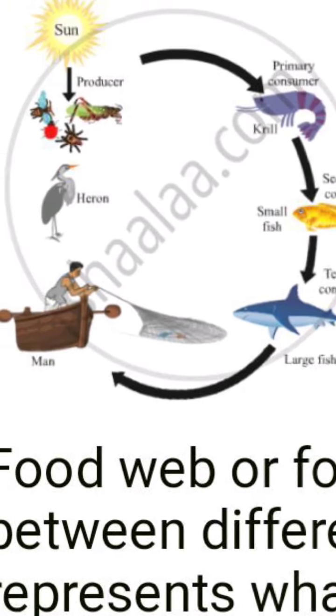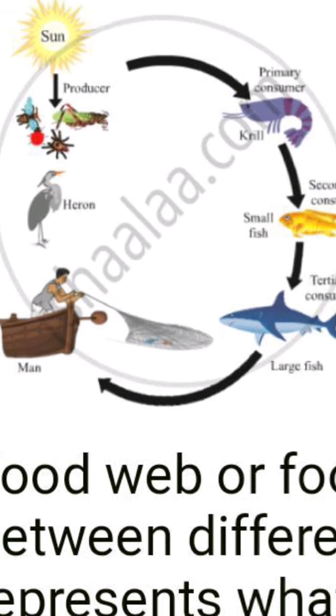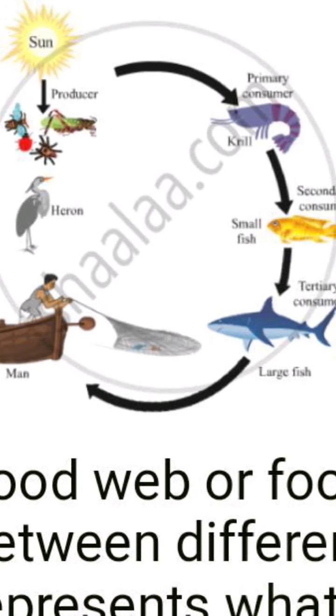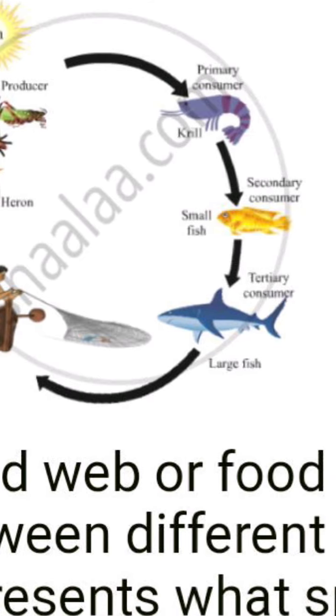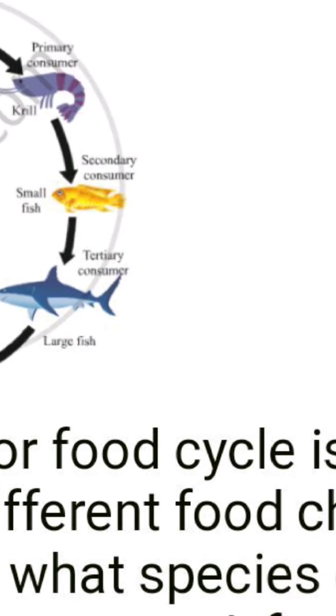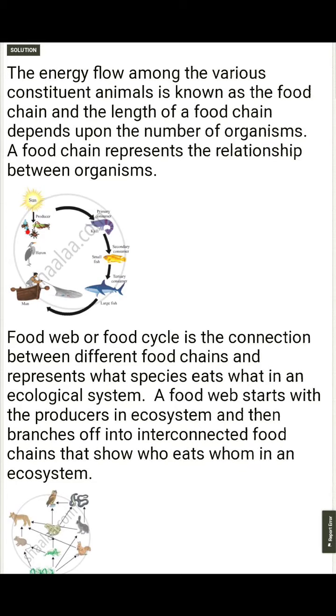From that sun, the plants produce their own food. Then that food is used by the primary consumers, which is nil. Then that is consumed by the secondary consumer, for example small fishes. Then the small fishes are consumed by the tertiary consumers, for example large fishes. Then the humans capture those fishes, and in this way this food chain occurs.